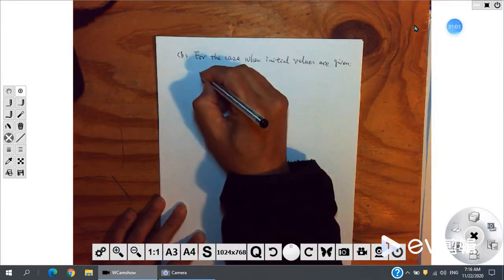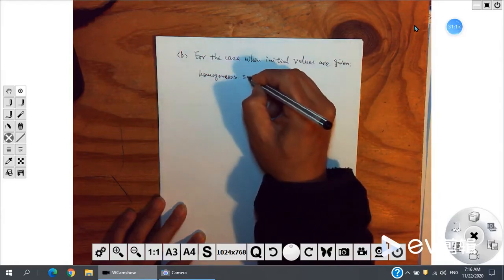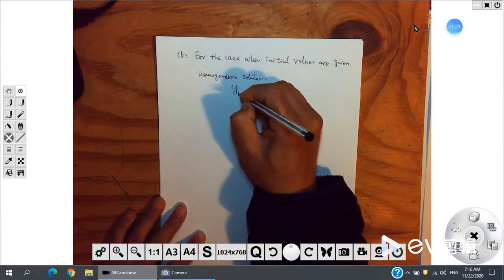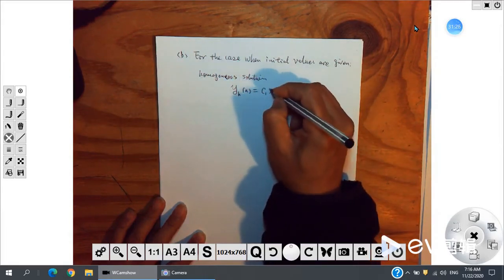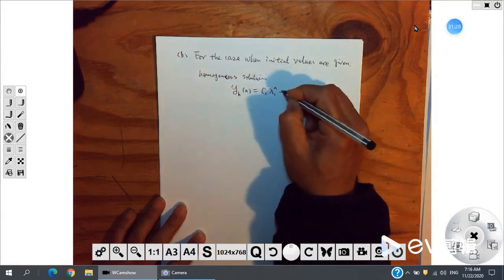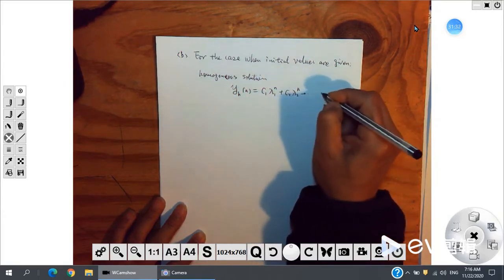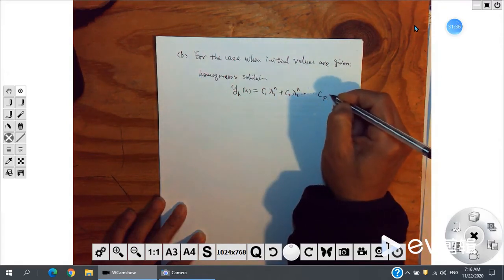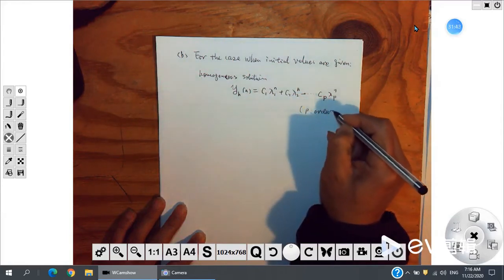We have the homogeneous solution y_H of n. There will be a summation like C1 lambda 1 to the power n plus C2 lambda 2 to the n until some Cp lambda p to the n. Now p is the order of the system.